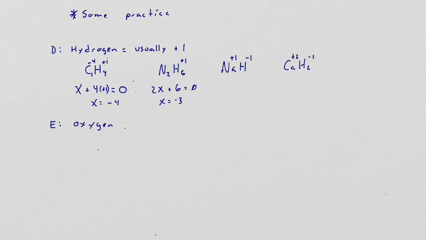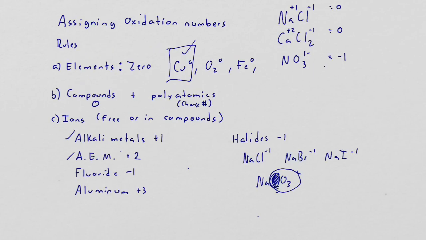If they come second, they're going to be -1. You can memorize that, or you can just remember the rules for sodium and calcium and figure it out each time. Now, oxygen, this is even more annoying, is often, right, -2. Okay? So what does that mean? It's usually -2. However, if it's in a compound with these guys, again, that can throw things off.